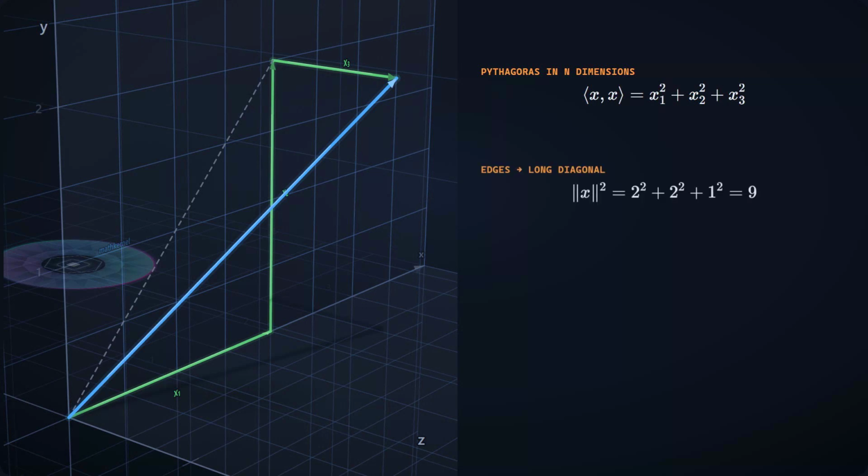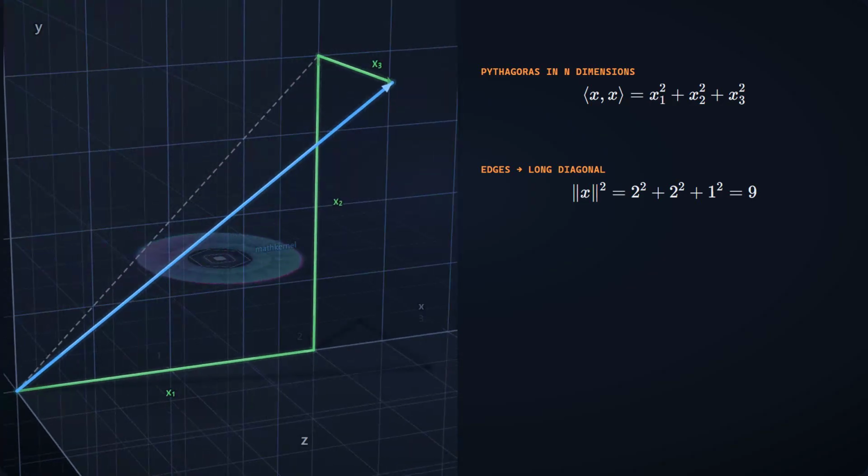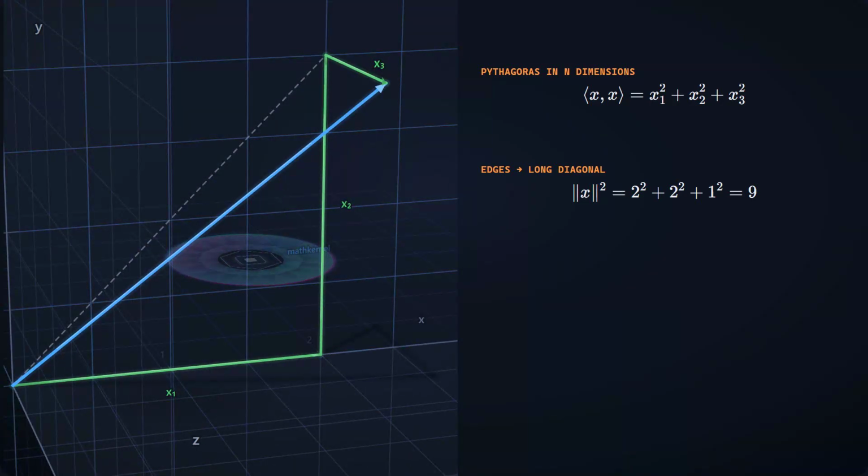Oh, so the squared diagonal is the sum of the squared edges. It's Pythagoras applied one dimension at a time, stacking up the box. Exactly. So the norm, the length, is defined as the square root of the product of x with itself. Here, the square root of 9, exactly 3. Let me poke at that square root.